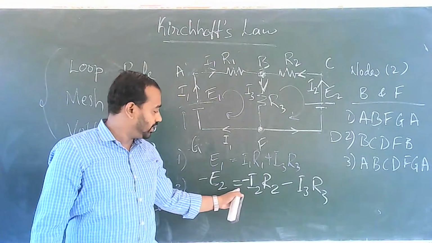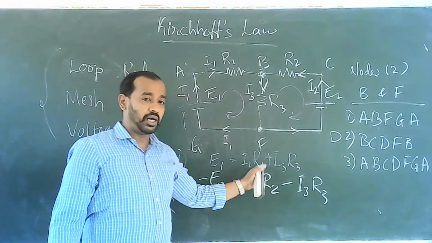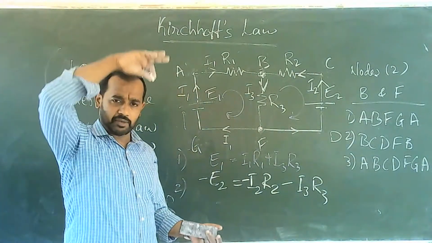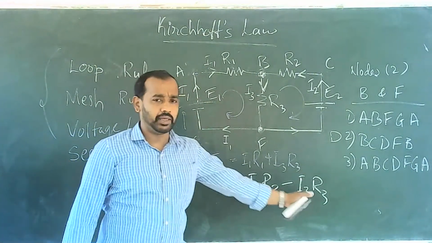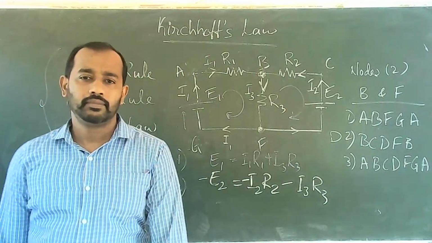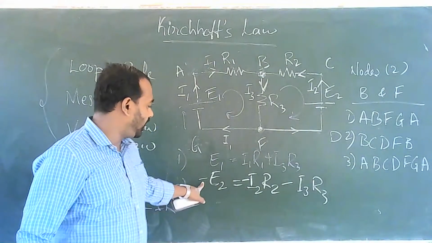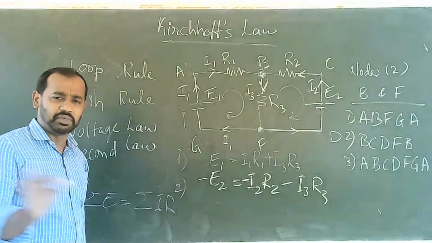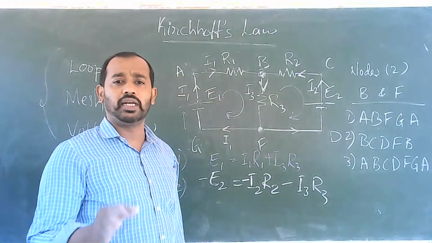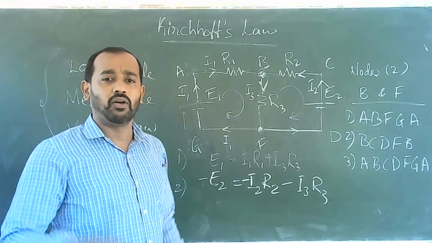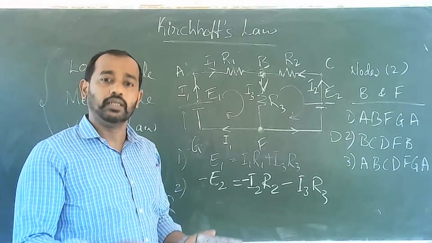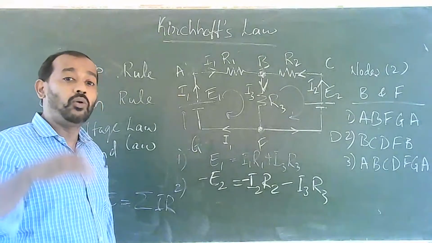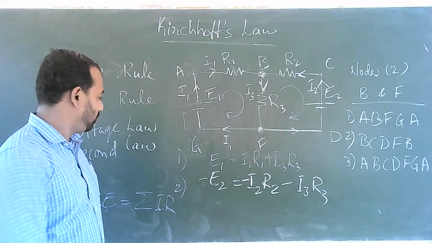So therefore, minus E2 should be equal to minus I2 R2 minus I3 R3. If we reverse the direction of traverse, all these will become positive. Mathematically, if minus A is equal to minus B, then A is equal to B. We will get the same result. It is not important in which direction we are traversing, clockwise or anti-clockwise. We will get the desired equation. You should know how to apply the sign convention. That is important.